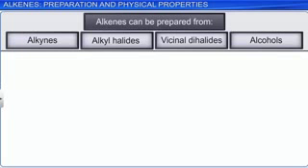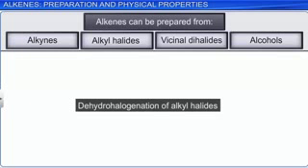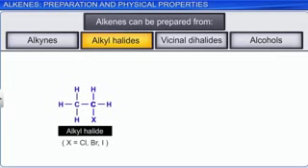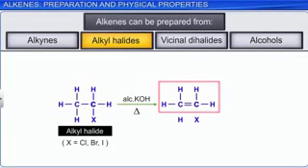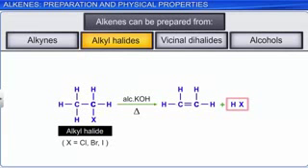Alkenes can also be obtained from dehydrohalogenation of alkyl halides. When an alkyl halide is heated in the presence of alcoholic potash, it gives an alkene and one molecule of halogen acid is eliminated in the reaction.